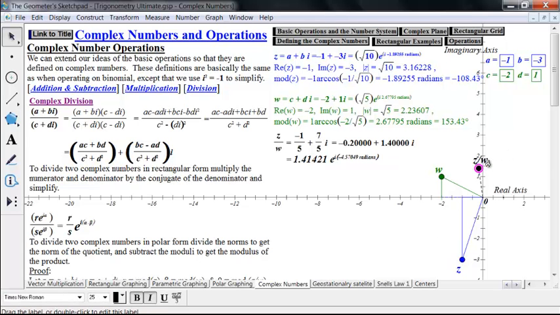Z divided by w is this black dot here, and it turns out to be -1/5 plus 7/5 i. And that looks reasonable there. It goes about 1.4 in the y direction, which seems about where it is. It goes about -0.2 this way. Yeah, that's good. That means its distance from the origin, the length of that dotted line, is about 1.414.